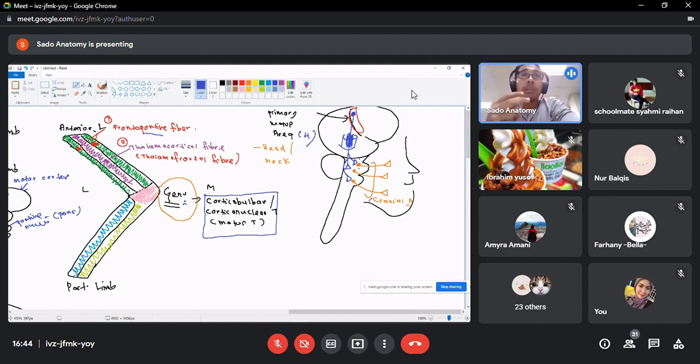Because to learn about tracts, you must know every part of the central nervous system. Once you have learned in detail the cerebrum, diencephalon, brainstem, and also spinal cord, and you know everything, then we will start to teach you about the tracts, because tracts involve all structures of the central nervous system.